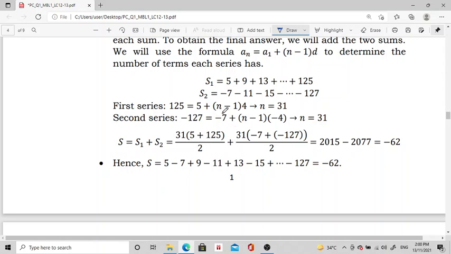Okay, and then, first term plus last term, times kung pang ilan yung term, all over 2. The result here is 2015. The result here is negative 2077. Pag pinag-combine natin, we get negative 62. So, ang value ng series is negative 62.